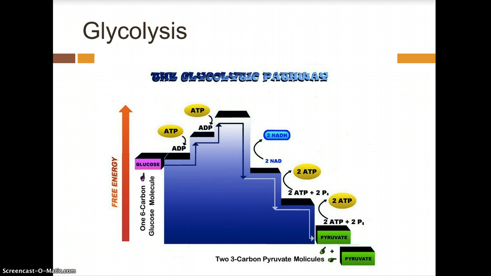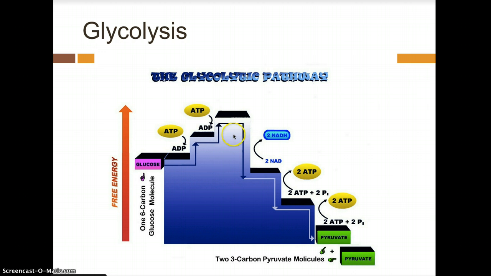So when we look at glycolysis, you'll notice on the left-hand side there's the free energy arrow pointing up. As we go up in the graph, we have more energy. As we look at glucose, we have a medium amount of energy to start out with, and then we need to invest ATP. The investment of ATP releases energy when we break the bonds, creating ADP, and we have a high energy molecule at the top of this graph.